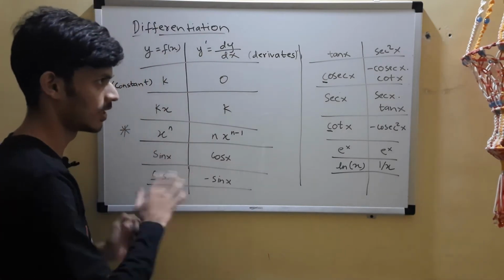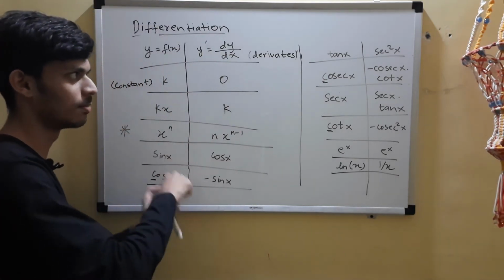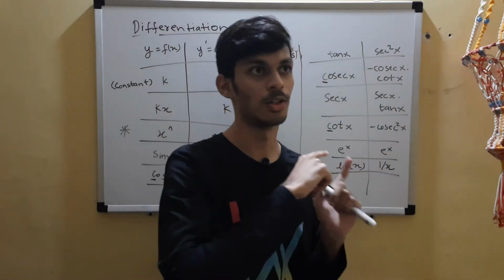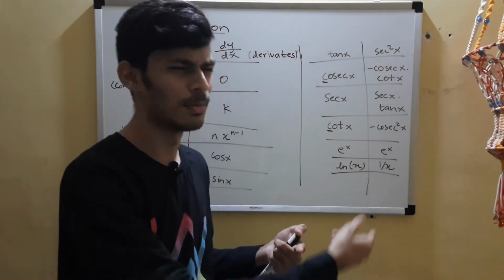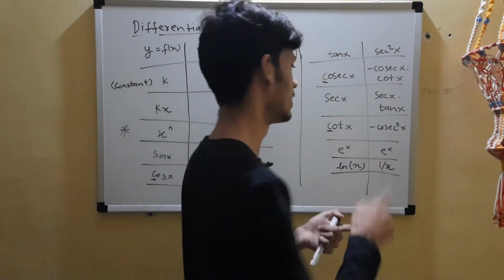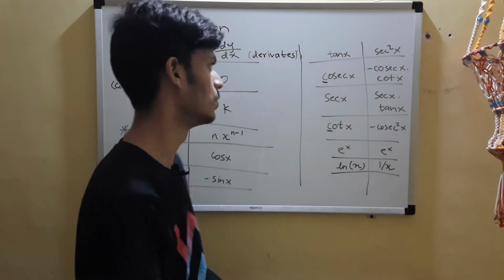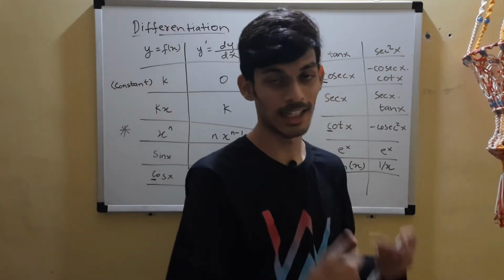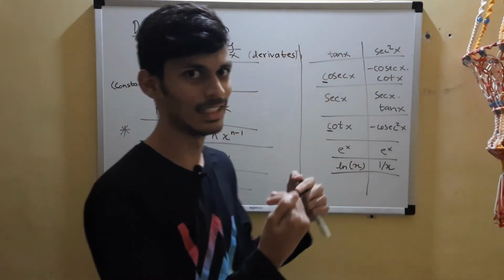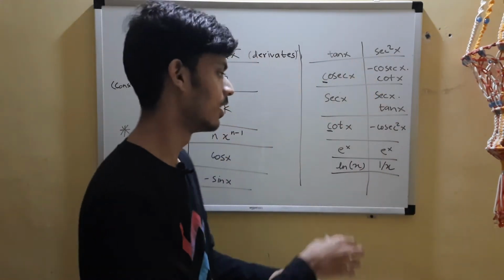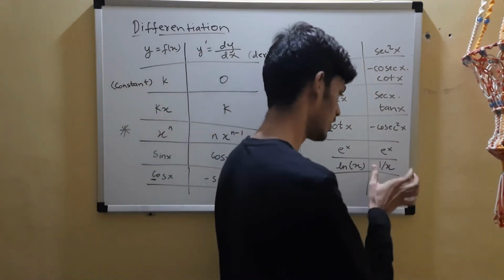Sin is cos, cos is sin, but cos is C, so it becomes a minus sign. Tan is sec square x, cot is cosec square x, but minus sign since it's a C. Sec is sec x tan x, no C, so no issues. Cosec is cosec x cot x, but since it's a C, we have a minus sign. E to the power x is e to the power x, ln of x is 1 by x.